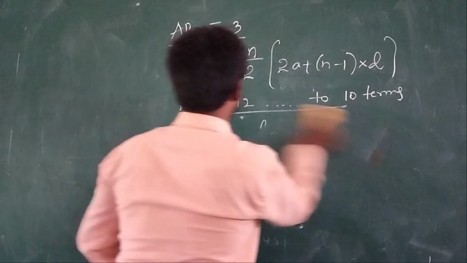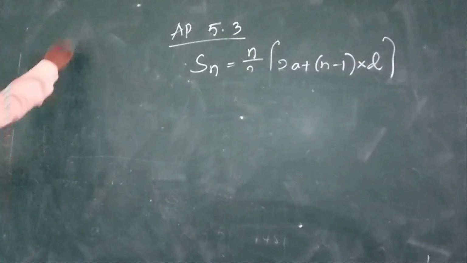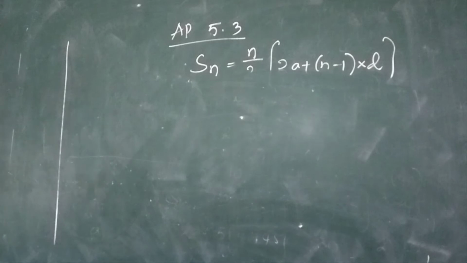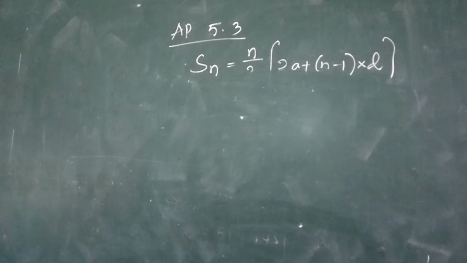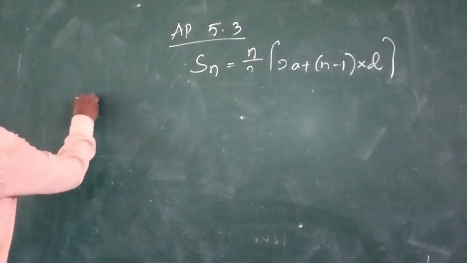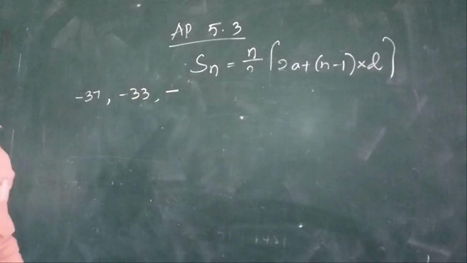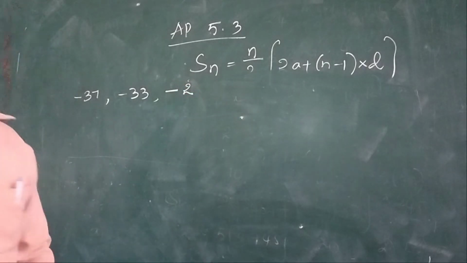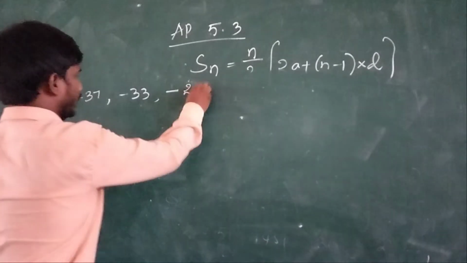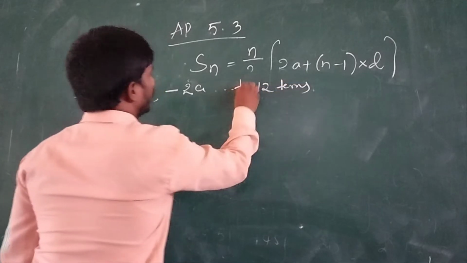This is the first problem. Next, the second problem, based on the same model. Here minus 37, minus 33, minus 29, and so on, up to 12 terms.